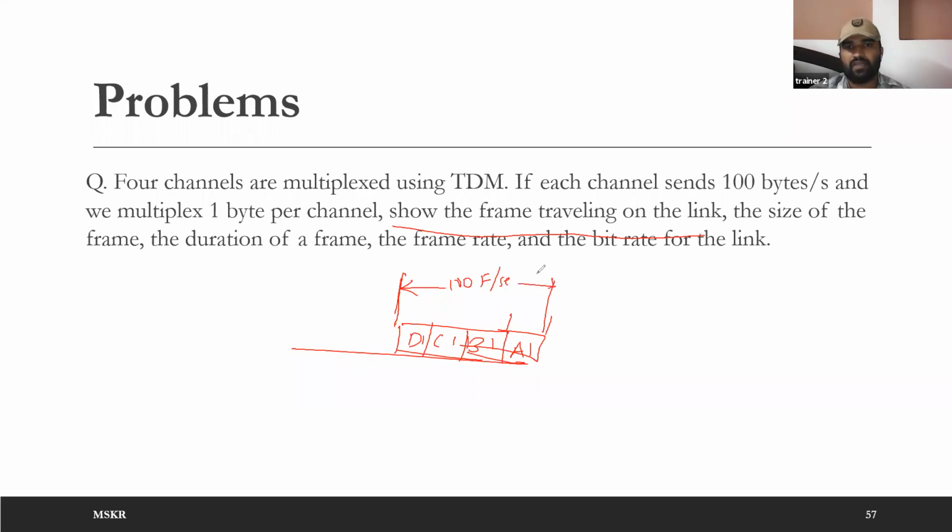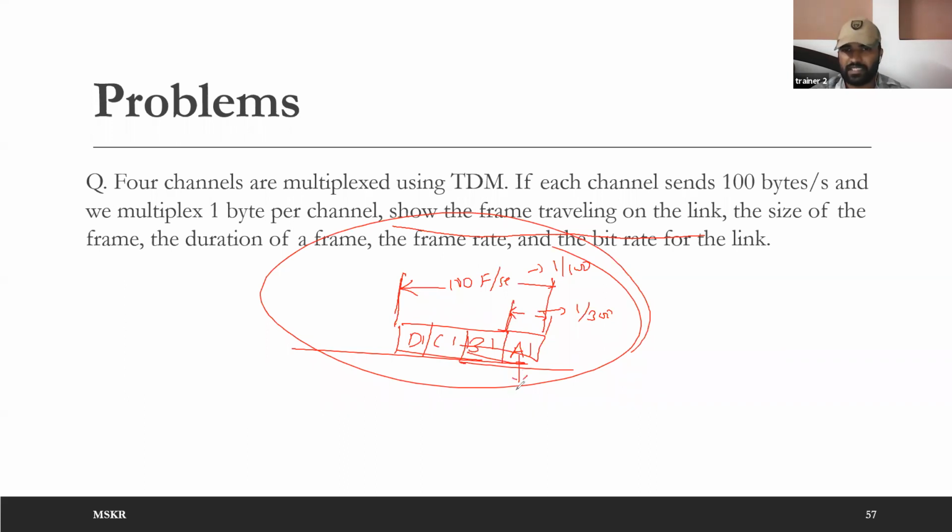So the interval will be 1 by 100, and this one is 1 by 300. So this is what you need to draw actually. The size of the frame, if each one is 1 byte, the entire frame carries 4 bytes.